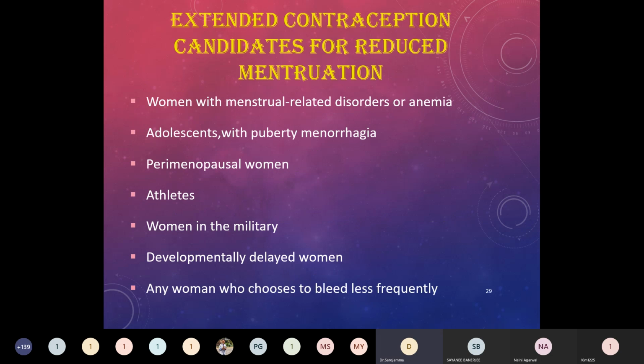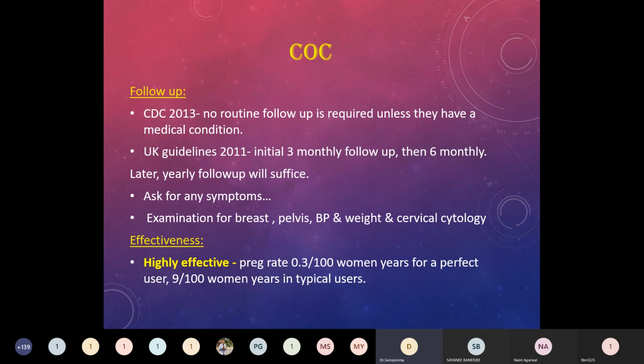So the advantage, as I told, is because of fewer cycles, less blood loss and more comfort.